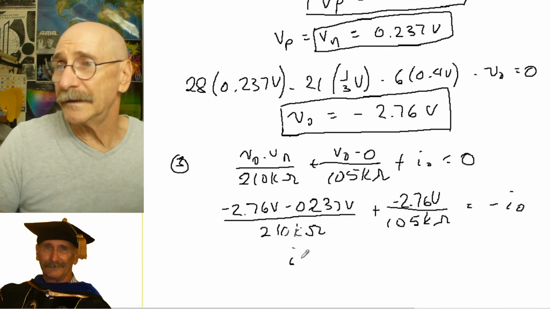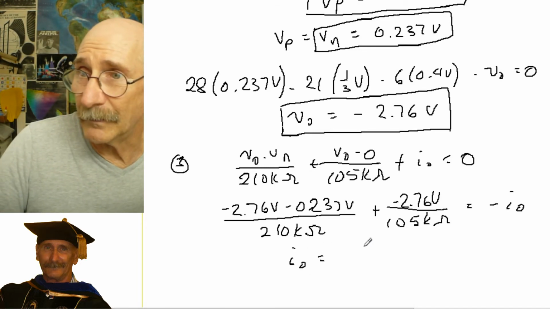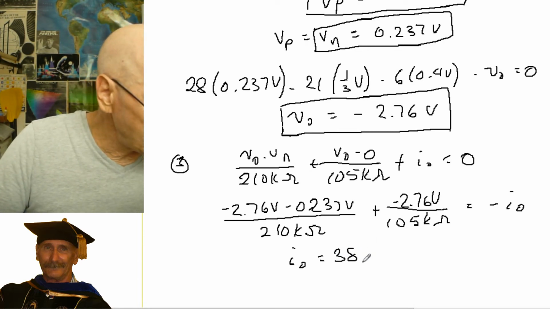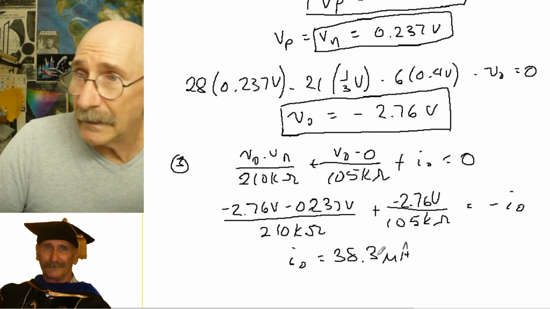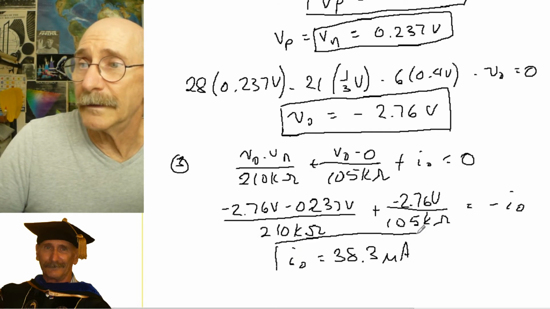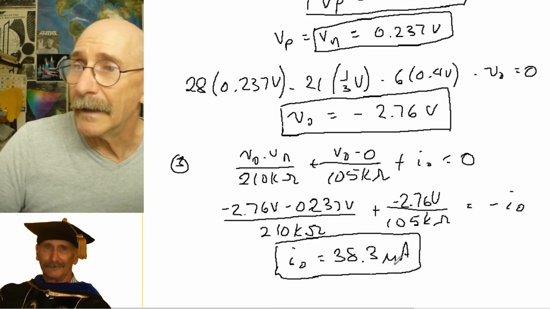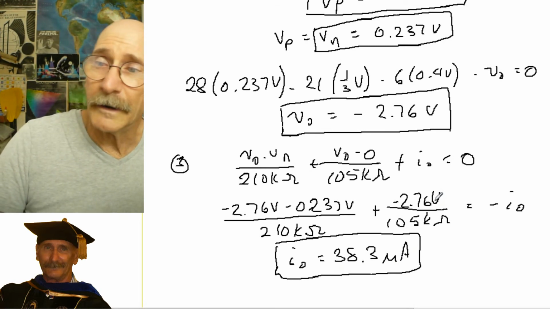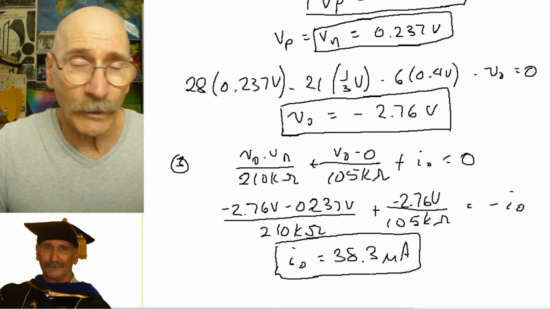Of course, all these are negative when you add them up, and we get I out equals 38.3 microamps. And that's all of part A. That's all for the things we've been looking for.